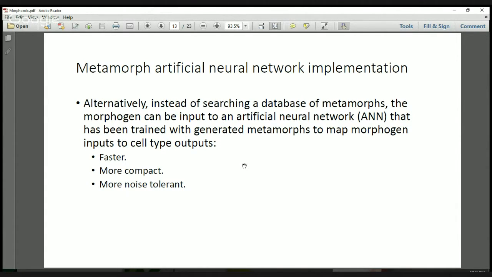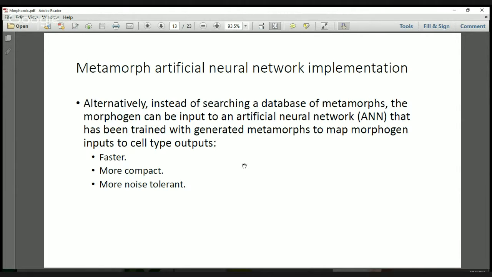One interesting thing we've done in this project is to capture the metamorphs and package them up into an artificial neural network. We can throw away the big database of lots and lots of metamorphs and teach a neural network, in a very compact form, how to match on the morphogens contained in the metamorphs and output the actions that the metamorphs contain.